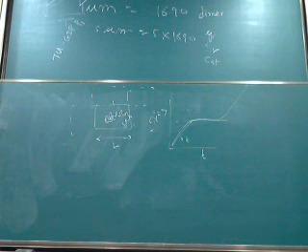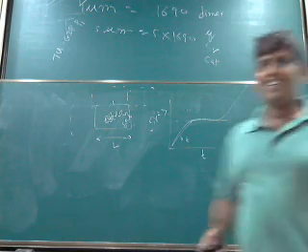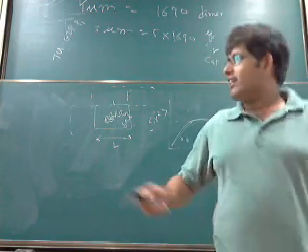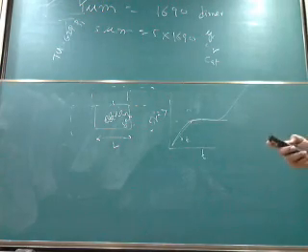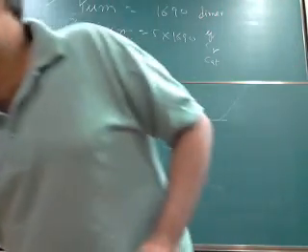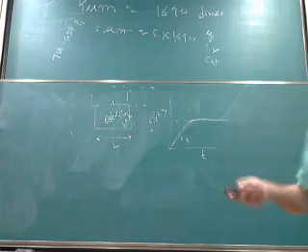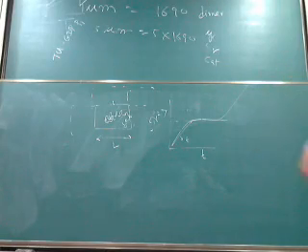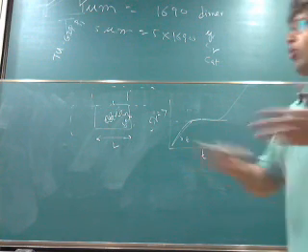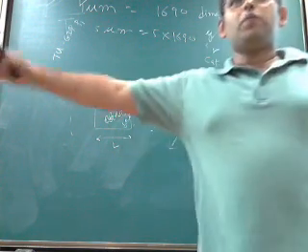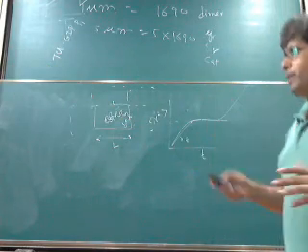There could be a situation where W is larger than U, where the removal rate is larger than the insertion rate. When U is larger than W or W is larger than U, it could be either polymerizing or depolymerizing. In both cases it is biased, either towards polymerization or towards depolymerization.